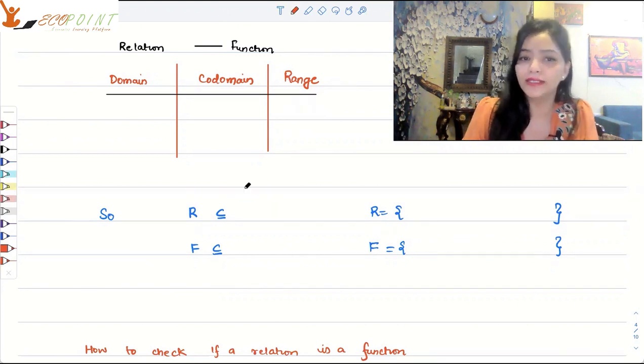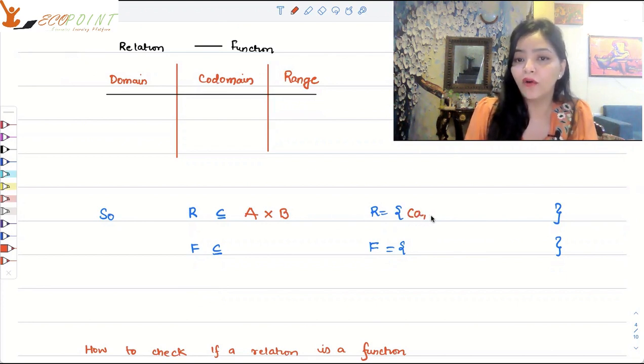What's a relation? A relation is a subset of A cross B, the Cartesian product. So, in case R is a relation, it is the set of all (a, b) such that a belongs to A and b belongs to B. That means it's a set of all ordered pairs.